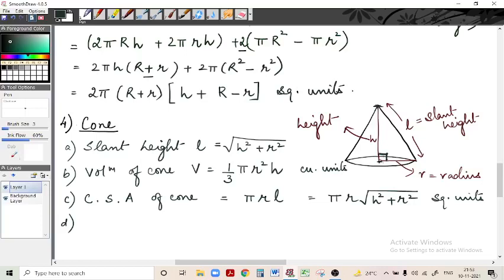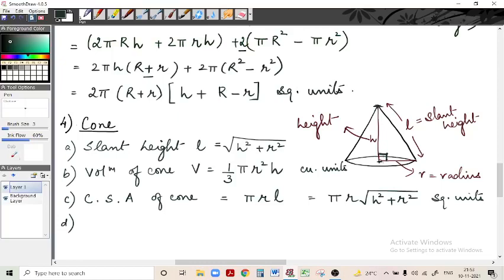But slant height is the distance from the vertex till one of the sides of the cone. Now is it clear, Mr. Zen?